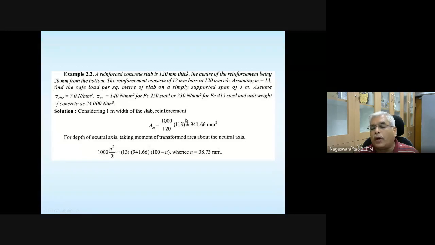It is 8.33. Whether I need to round it off to the higher side, 9, or 8, you don't need to think. Just take 1000 divided by 120, multiply with the cross-sectional area of the bar, and get the final amount of steel area. And if you want, you can round it off at this stage. Instead of 141.66 mm square, you can round it off to 142 mm square. Okay? Any questions here?